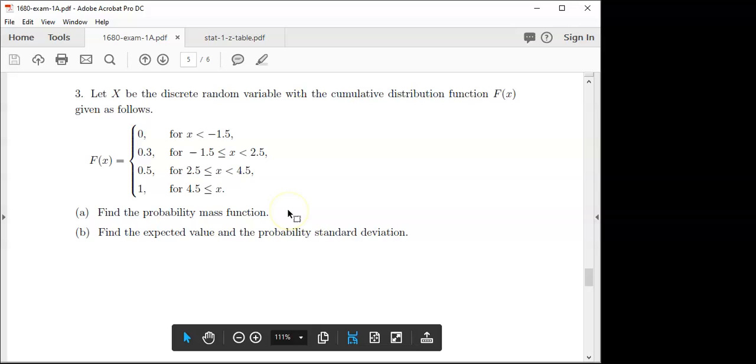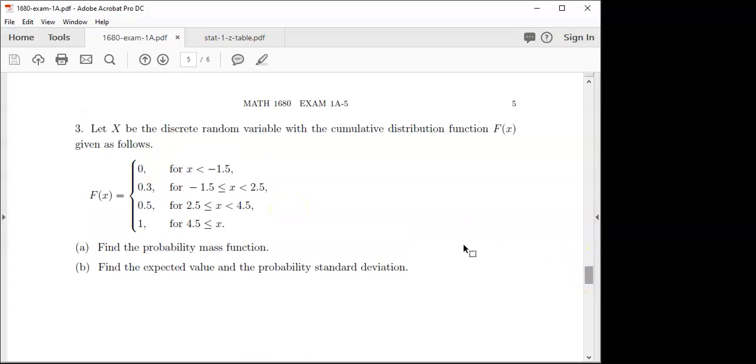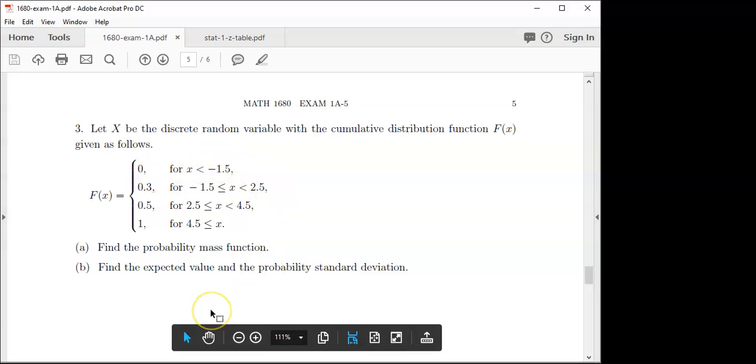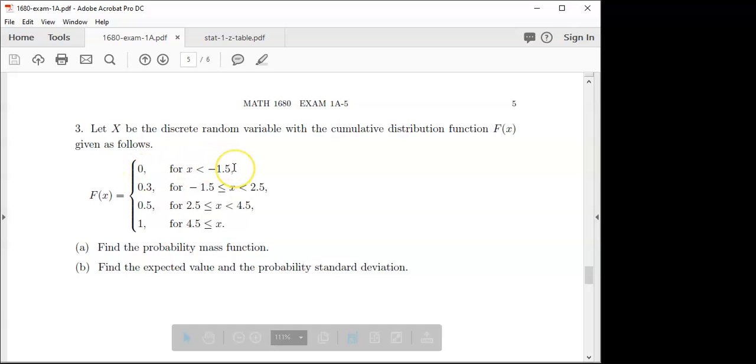I gave you the cumulative distribution function, capital F of x, written in piecewise defined function format. F of x, cumulative probability, is 0 for x less than -1.5, the first class interval. And the cumulative probability is 0.3 for the next class interval, 0.5 for the third class interval, and probability 1 for the last class interval.